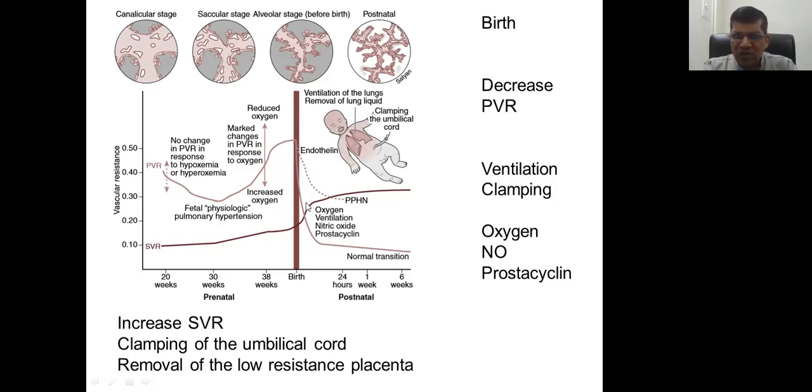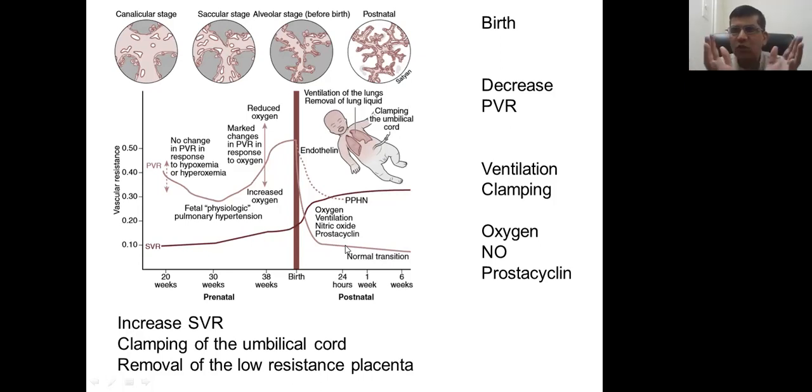We also know there is a normal transition. What happens in normal transition? There is inflation of the lung. That is the first important thing, and it has to happen. Ventilation of the lung has to happen before clamping, and that is the concept of placental transfusion or delayed clamping.